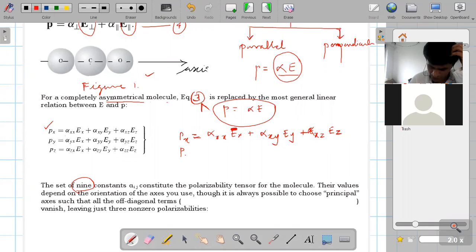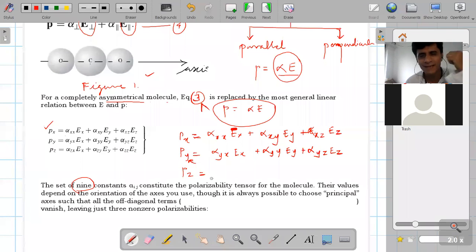Similarly, for Py, we can write here, this is your y. Therefore, first write y, x, Ex. Alpha, first is your y, therefore alpha yy Ey. Then what is the next? Is it correct, dear student? And last is Pz, that is dipole moment along z axis.